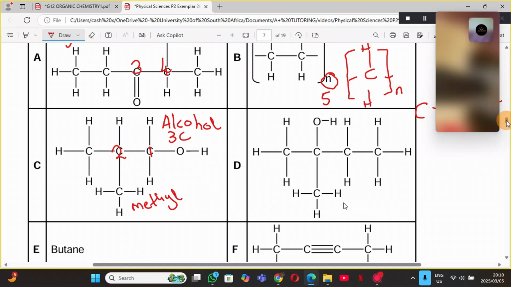Now we go to this one. What's your functional group? I see an alcohol. It's also an alcohol. Okay, the longest chain: 1, 2, 3, 4. 4 C's. What's your position of the alcohol?